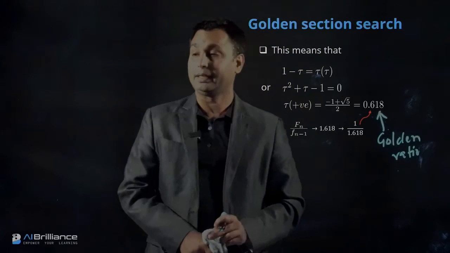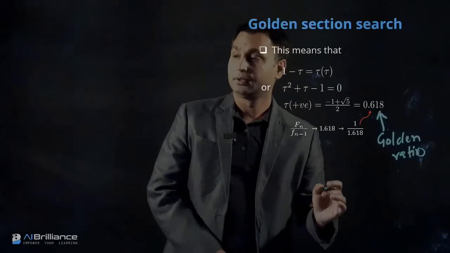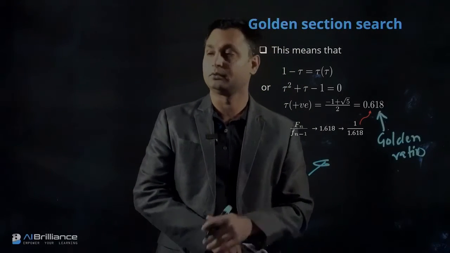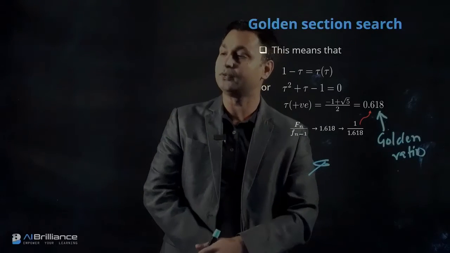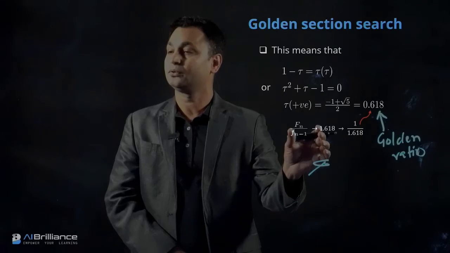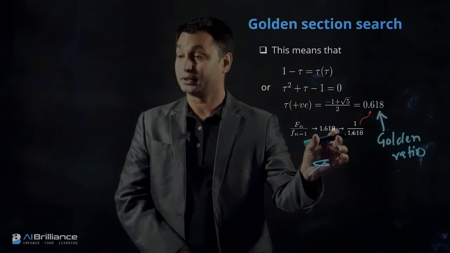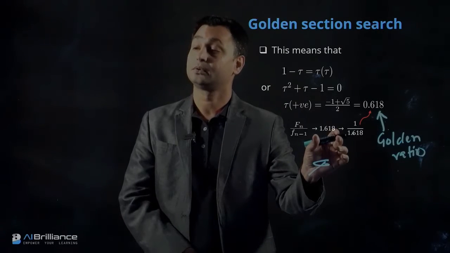The connection of this is also with a well-known thing in mathematics, which is known as Fibonacci sequences. In Fibonacci sequences, the ratio of fn by fn minus 1 tends to 1.618.